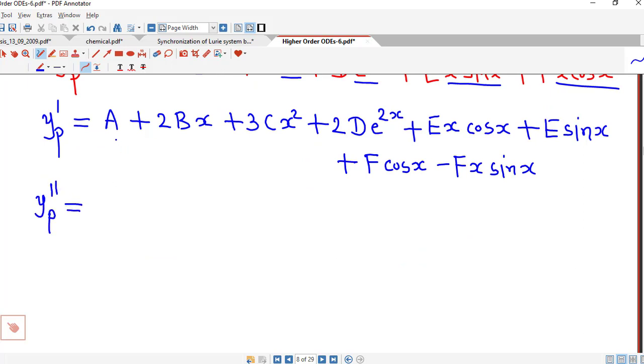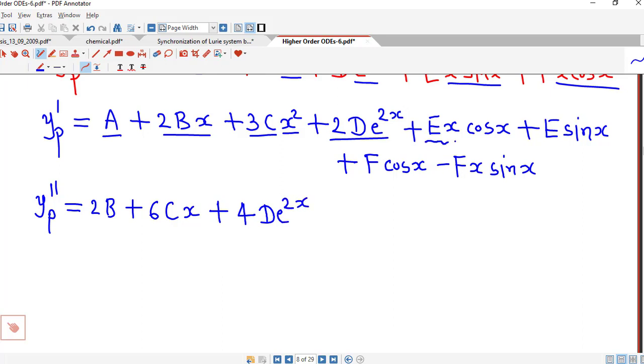Yp double dash: derivative of a is 0, derivative of 2bx is 2b, constant as it is, derivative of x is 1, 3c as it is, derivative of x square is 2x, so we have 6cx. Here we will have e raised to 2x into 2, that 2 will multiply with 2d, and we have 4d e raised to 2x. Here we again have to apply the product rule.